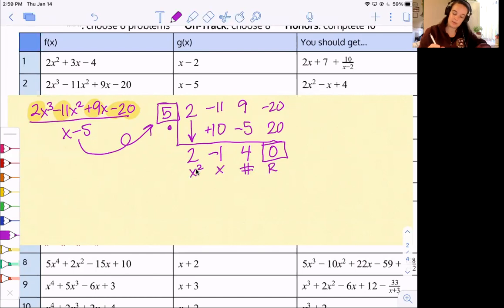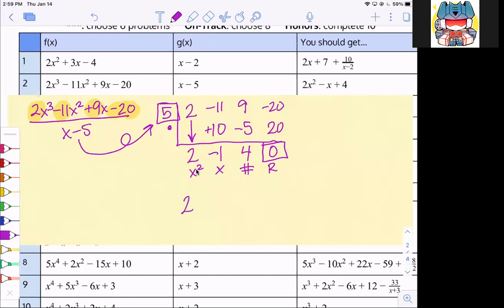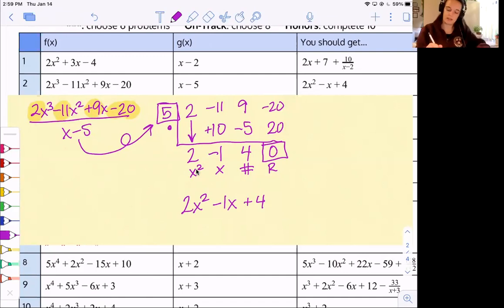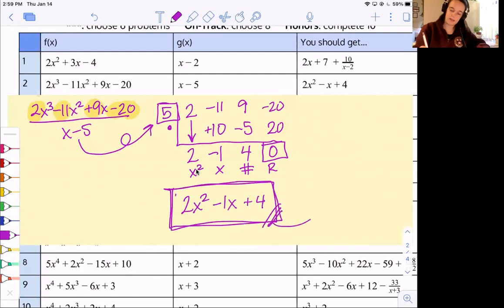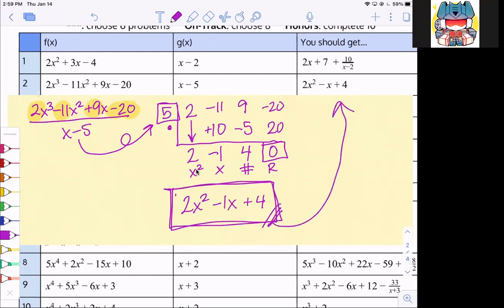So when we write our answer, what would we write? For the answer, we'll write 2x squared minus 1x plus 4. And we don't need to put 0 in the remainder. So you got it. Amazing job. Snaps for Sebastian. Excellent, great work.